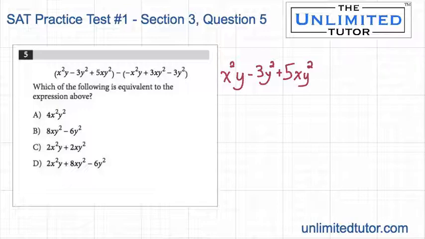Be very careful here to make sure that you're not making any silly copying errors. A lot of the problems students make on the SAT just involve copying the wrong thing down, so we're going to be extra careful here. Plus, and I'm distributing that negative sign, plus x squared y plus 3xy squared.